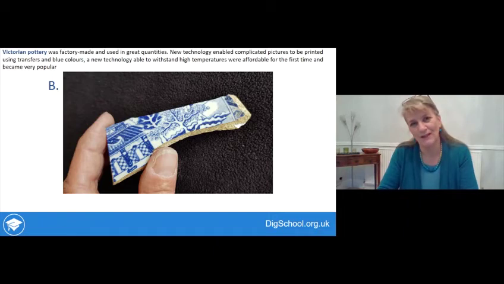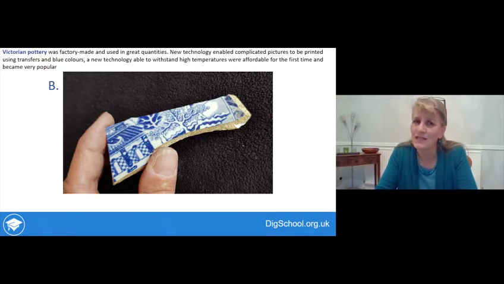Blue is a very popular colour then because the cobalt was able to withstand the very high firing temperatures and was quite a new technology after centuries and centuries when pottery tended to be brown or grey or yellow. Blue was a refreshing change. Mass produced, so it's affordable, so there's a lot of it.